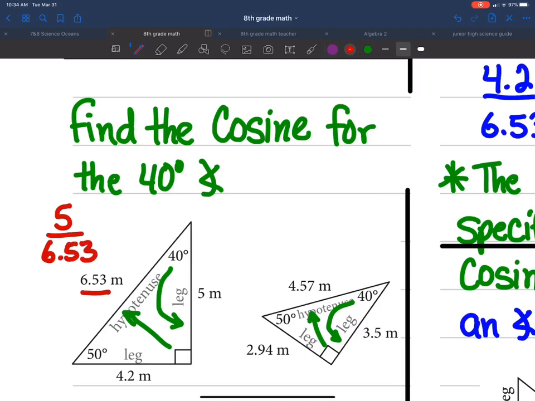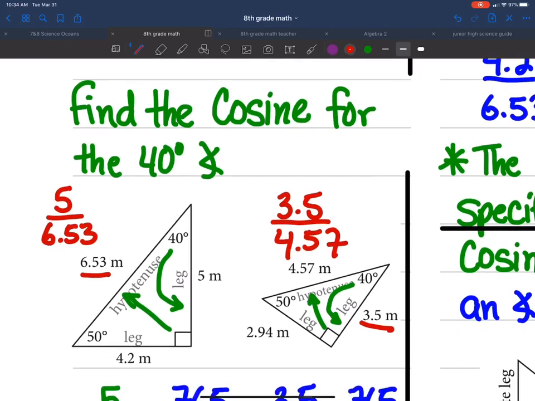Look at the other one. Here we have the 40-degree angle. I want the adjacent side first, 3.5, and I'm going to divide that by the hypotenuse, which is 4.57. Now, if these triangles are similar, then their cosines will also be the same.